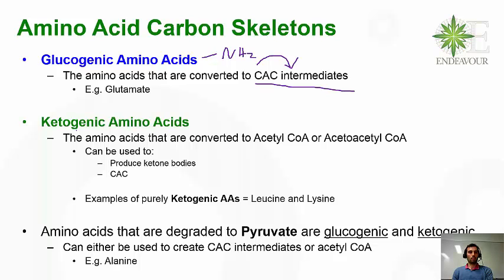Whereas the ketogenic amino acids, these are the ones that can be converted to either acetyl-CoA or acetoacetyl-CoA.